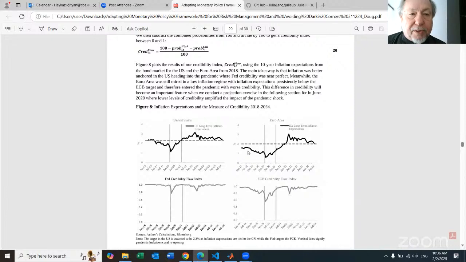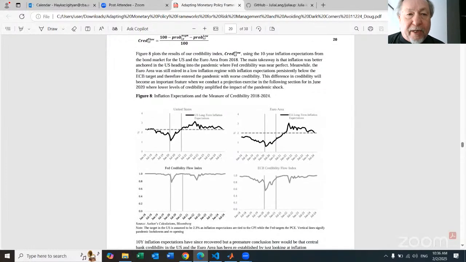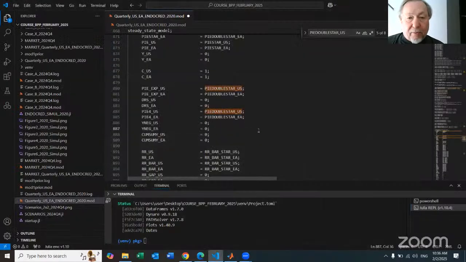So this is the perceived inflation target that we're playing with here. And the parameter on the lag in the inflation target equation is very large, I think almost one.